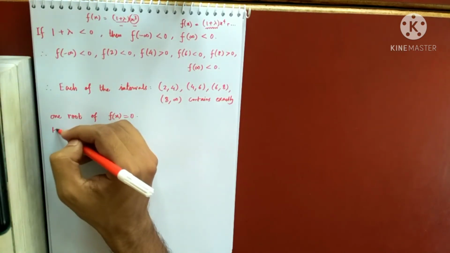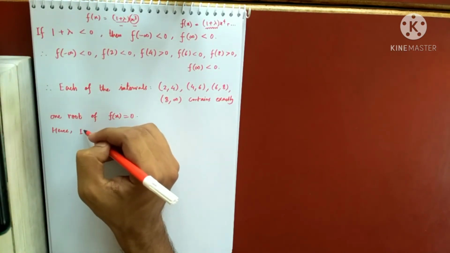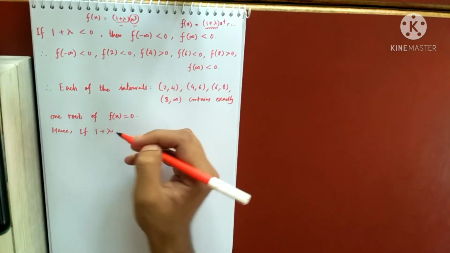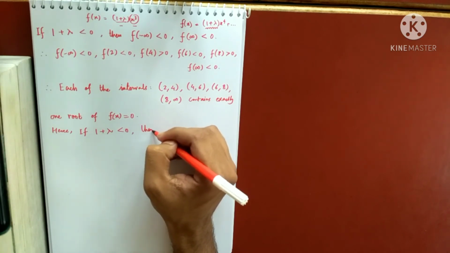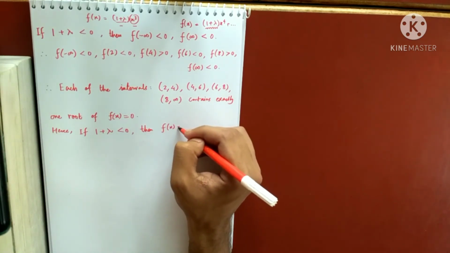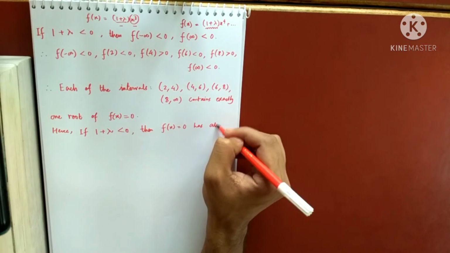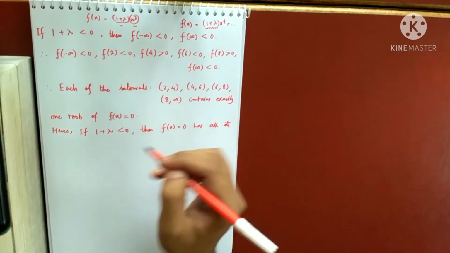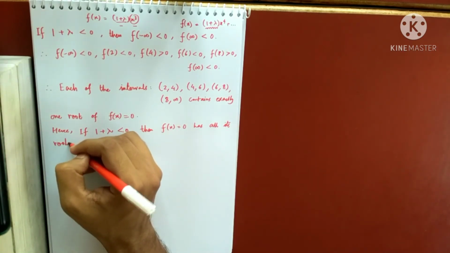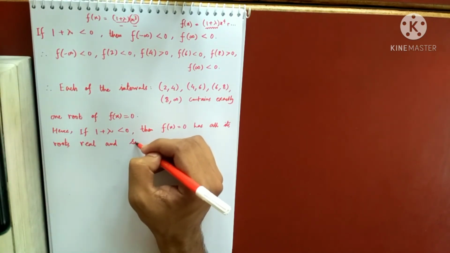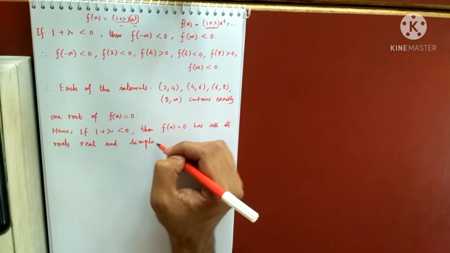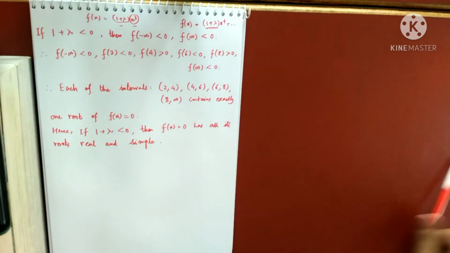Thus, if 1 plus lambda is a negative quantity, then also f(x) equals 0 has all its roots real and simple. So under this condition also, it has got roots real and simple.